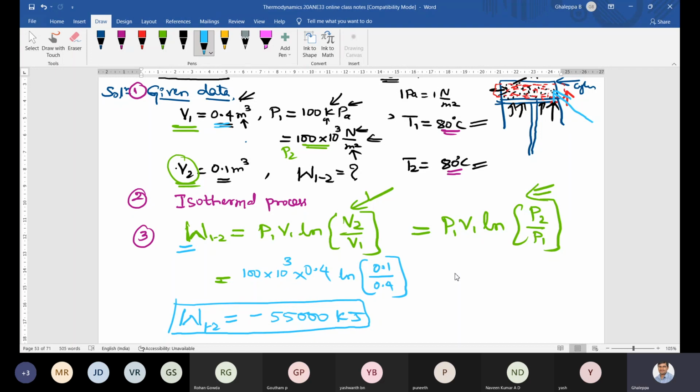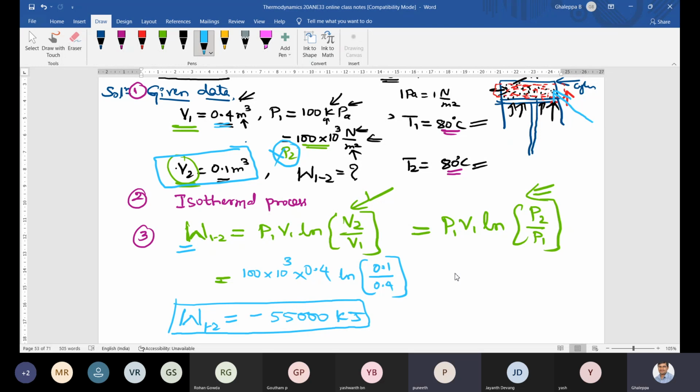Okay, dear students, what I do is I will remove this V2. Let us assume that V2 is not given. How will you calculate V2? Second equation, sir. P1 V1 ln P2 by P1. No, P2 is also not given. Is there any solution? Let us assume that V2 is also not given.